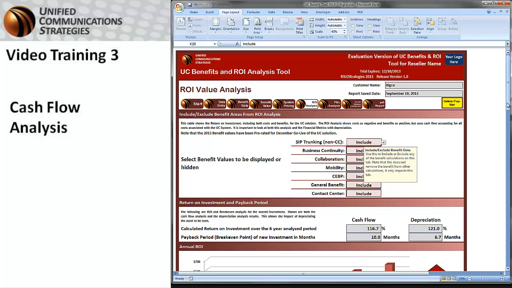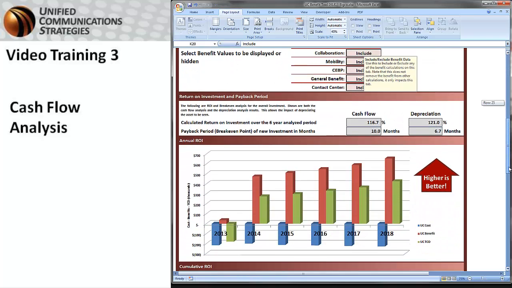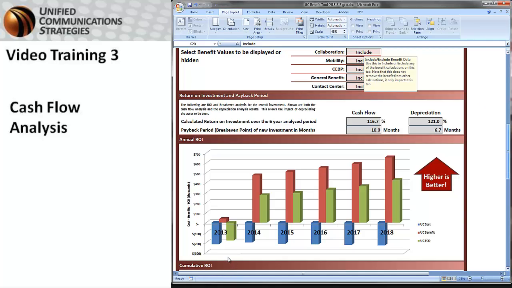The rest of this page really focuses on some graphs that show you what the UC cost is in blue. It's shown as negative. All costs are shown as negative here, which is traditional in an accounting practice. The benefits are shown as positive in red, and the green is the TCO, the total return on the investment, so the ROI or TCO.